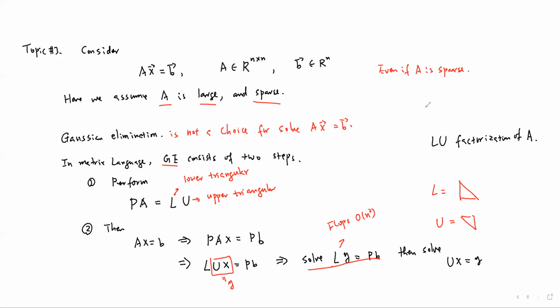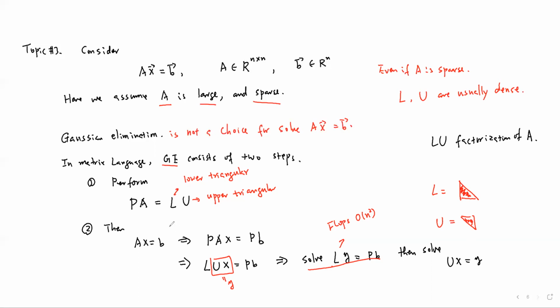We only store non-zero entries. Okay. Even if A is sparse, L and U are usually dense, not sparse. Dense means most of the entries are non-zero.